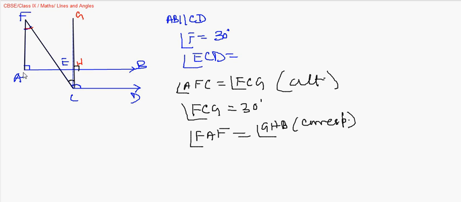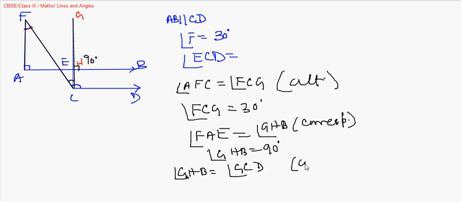As FAE is marked to be 90, angle GHB will also be 90. Now angle GHB is also equal to angle GCD. They are corresponding angles as the lines AB and CD are parallel. So angle GCD will be 90 as well.